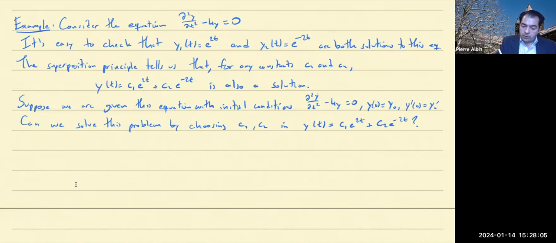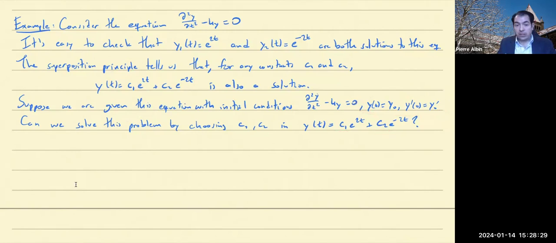Right? So here we wrote down that this function for any choice of constants C1 and C2 is also a solution, right? We have two equations here, and we have two constants. So it's very reasonable to ask, can you always arrange this initial condition by an appropriate choice of constants C1 and C2?